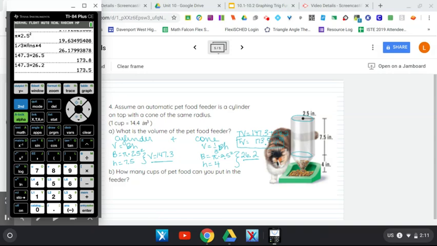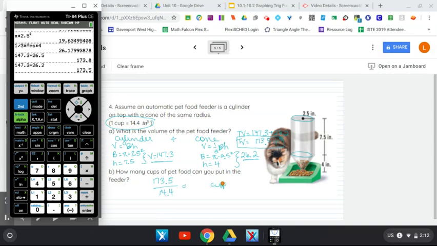Now for part B, it says how many cups of pet food can you put in the feeder? And that is where this right here comes into play. You were told that 1 cup is equal to 14.4 inches cubed. So what you're going to do is take the 173.5 and divide it by the 14.4 because you want to end with cups.